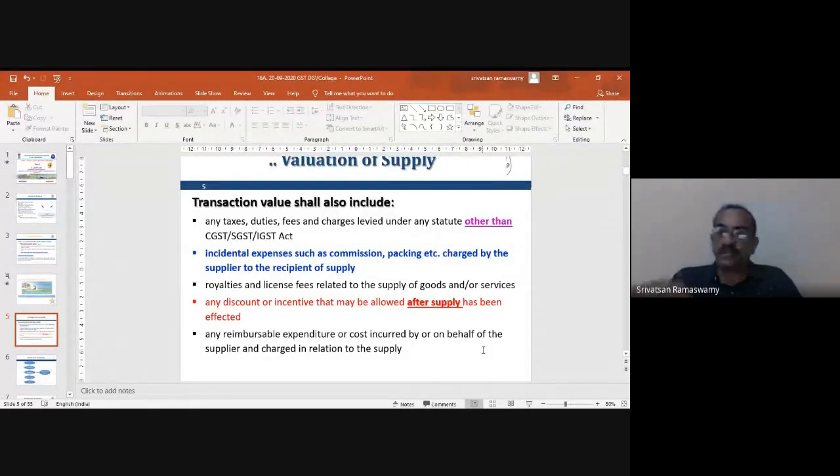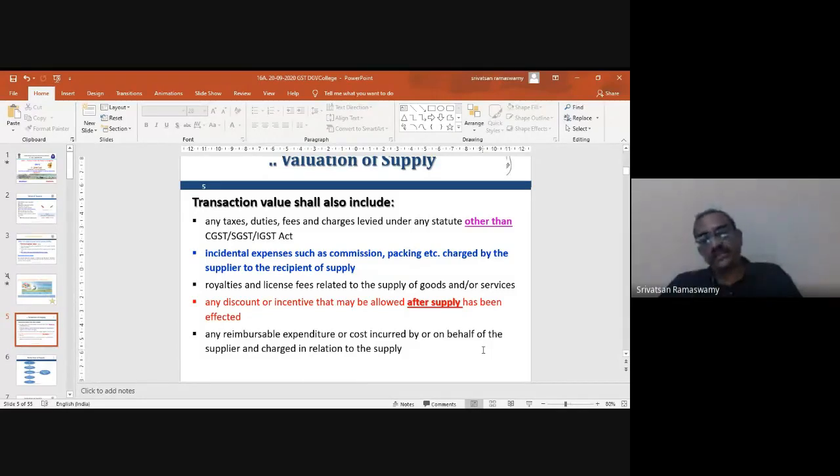So before supply is effected, I say that the value of the product is 1 lakh rupees, whereas as per our contract, I am allowing you a discount of 10%. So 90,000 rupees is the cost of supply, and GST is payable only on 90,000 rupees, not on 1 lakh rupees. So this is very clear. The deduction is a permissible deduction. It can be deducted, and after deducting that discount, GST liability can be arrived at.